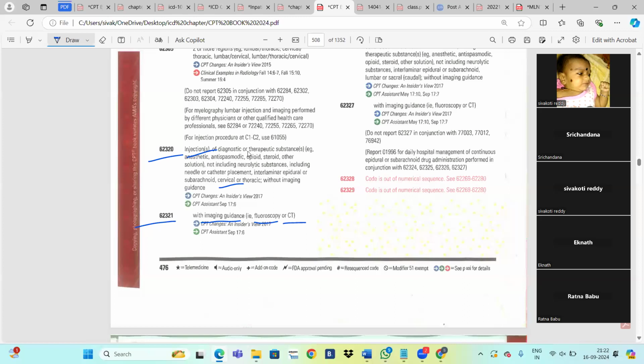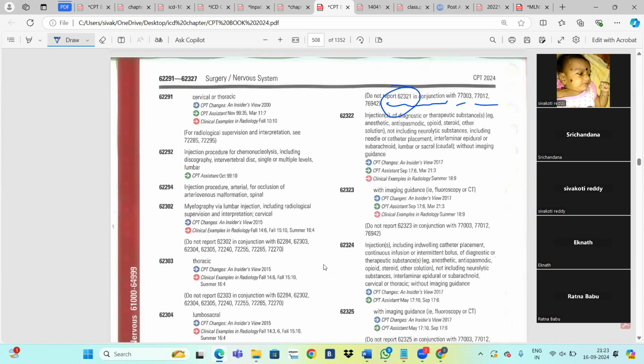62320. If they perform the same procedure under fluoroscopy or CT, what do you need to code? 62321. So while you are coding 62321, will you code the fluoroscopy or CT code again separately, the 7 series radiology code? No. Imaging guidance is included in this CPT.